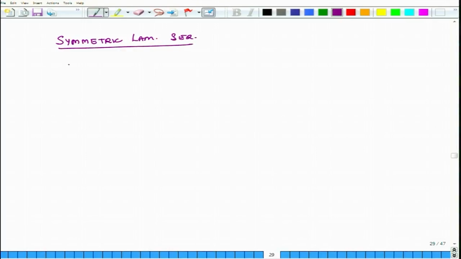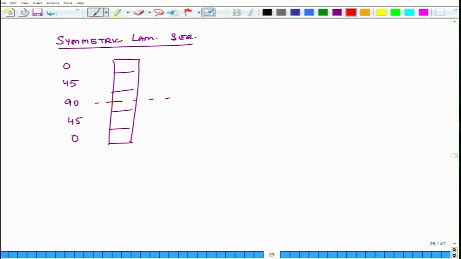So, let us look at an example: 0, 45, 90, 45, 0. Suppose this is the thing. Here, this is the mid plane and each layer has the same thickness.